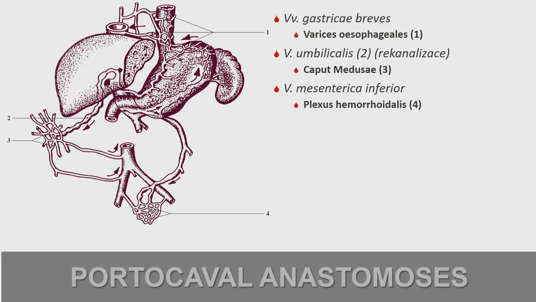So then we have very important communications. When the blood is not able to pass through the liver, it escapes through bypasses. Those bypasses are localized here in the esophageal region. Those are called esophageal varices. And the bleeding from them is a very, very dangerous situation in patients with cirrhosis.